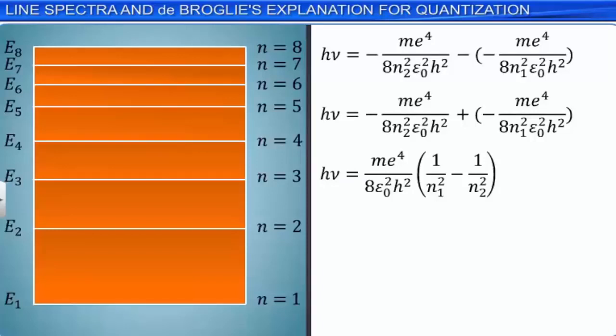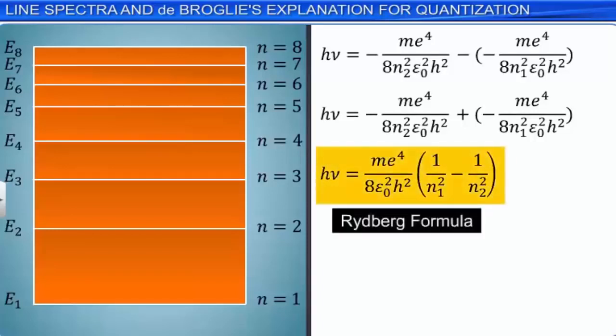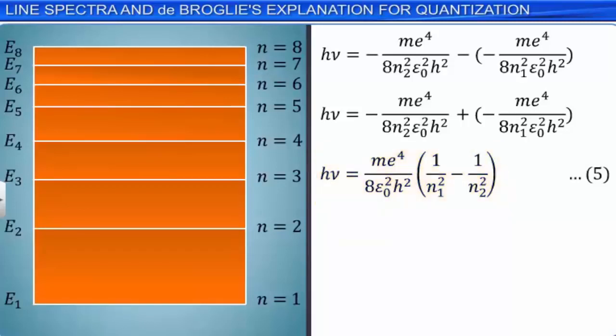Let this be equation 5. From equation 5, we get nu is equal to m e to the power 4 by 8 epsilon naught square h cube into 1 by n1 square minus 1 by n2 square. Let this be equation 6.